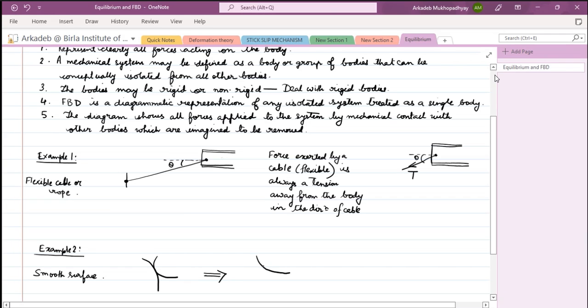You have a normal force like this acting on this body.